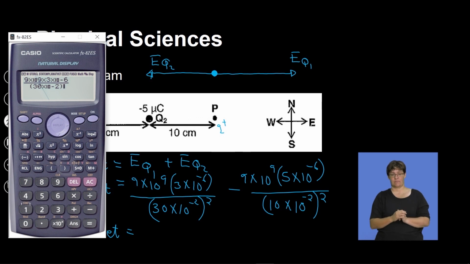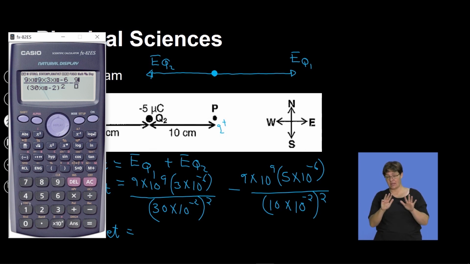We'll square that as well. Minus is to say E due to Q2 is in the opposite direction of E due to Q1. Remember, net takes into account the direction because these essentially are vectors, right?